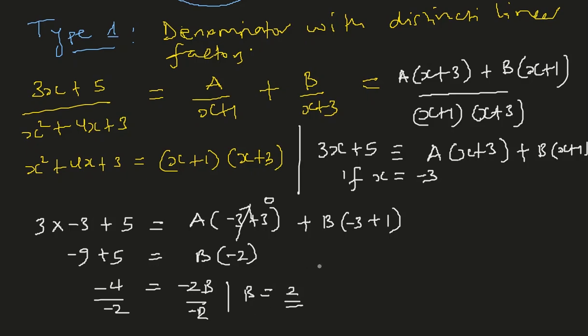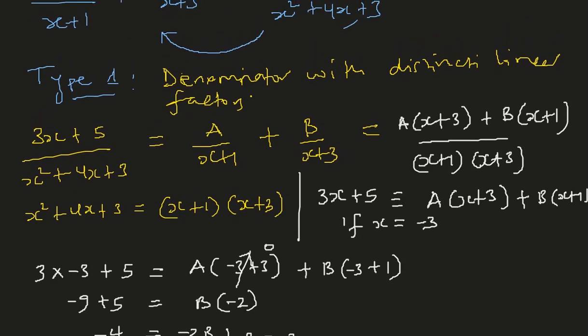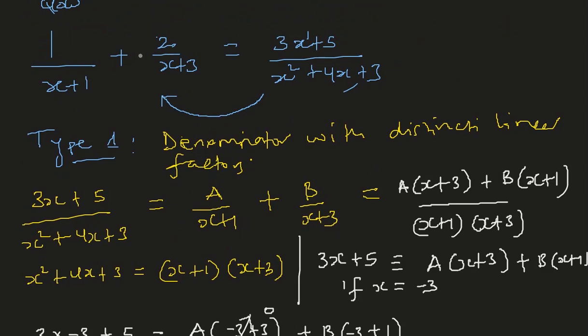I guess it's what we had in the beginning. See, our B, comparing to this, was 2, and we've also found it as 2.